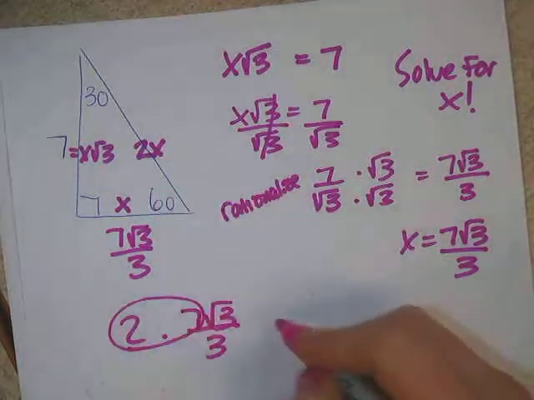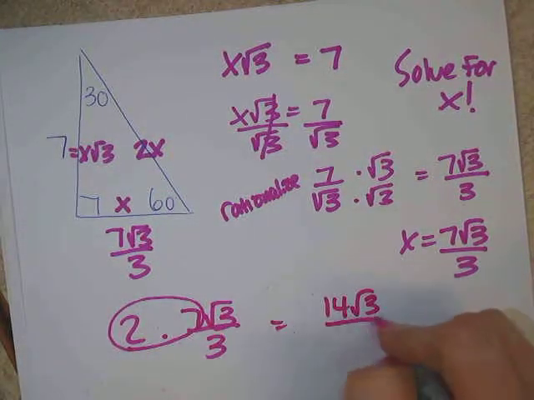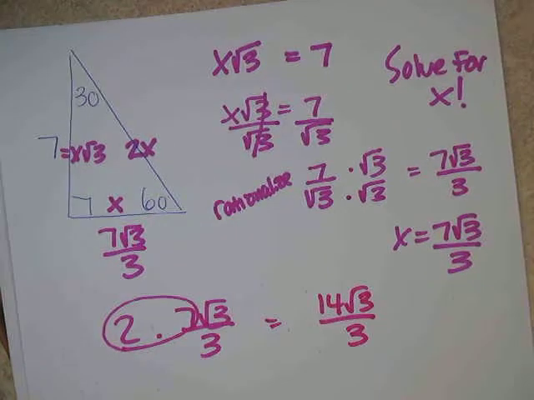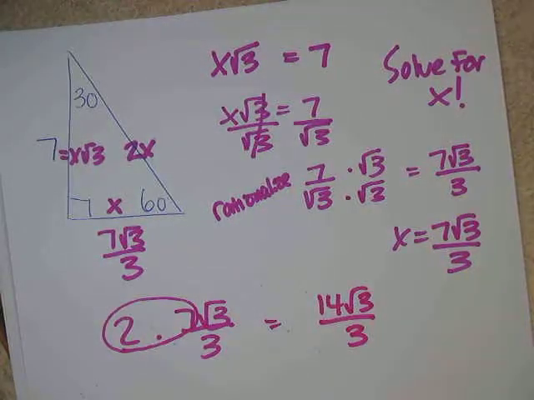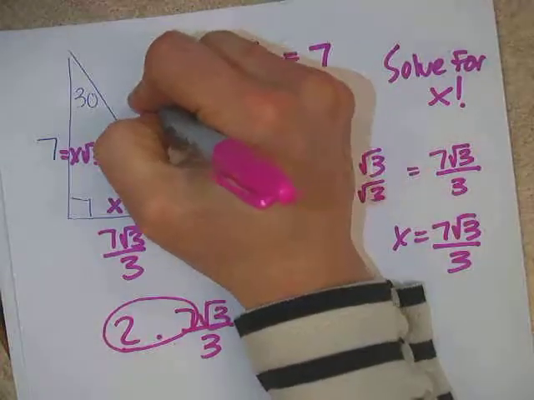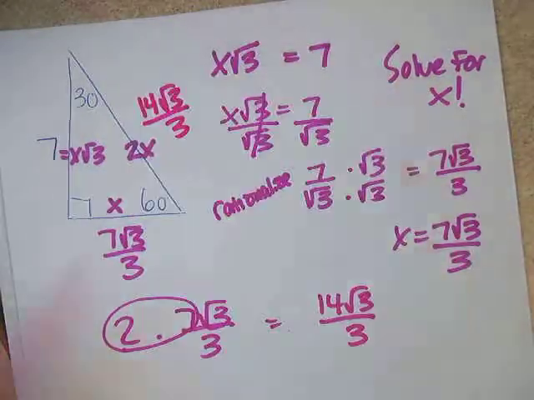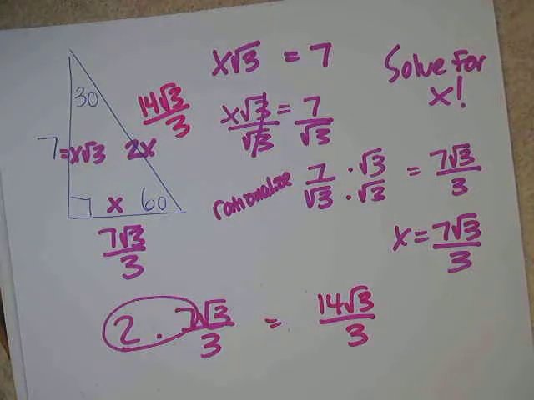Because the denominator just tells you what size your pieces are, and these 3 are really just multiplied. So if we didn't have the radical mixing with the 7 in the first place, it wouldn't when we doubled it. So this really is 14 radical 3 over 3, which will be your hypotenuse.